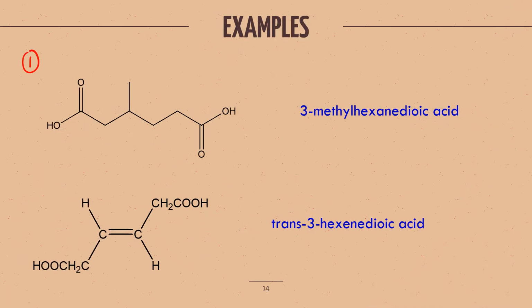Let's study this example. So, by applying the steps we have learned in the previous slides, in order to give the name of this carboxylic acid, firstly you have to choose the longest and continuous carbon chain containing carboxyl sebagai parent chain.